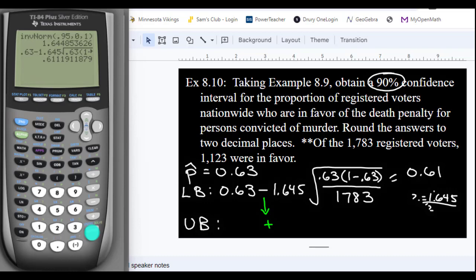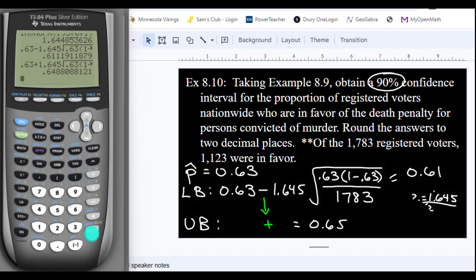So the easy way to do this is just go second, enter, and that brings this whole thing back up on the screen for us, and then we just go back to that minus sign, and instead of subtracting this value, we're now going to add that value, and then we hit enter, and our upper boundary is going to be 0.65 when we round that off, 0.65.